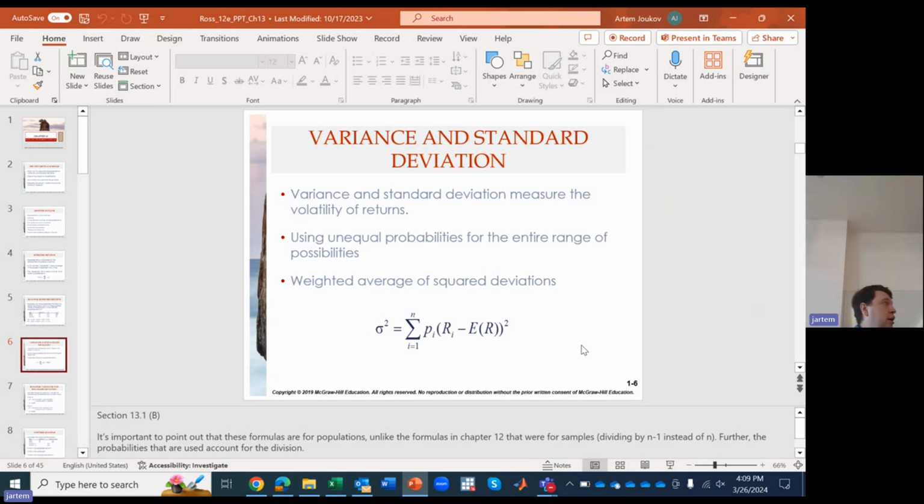We divide it by 1 over n minus 1. But you don't see 1 over n minus 1 in this problem. The reason for that is that it is replaced by pi. And pi is just the probability of that particular state, just like we just talked about with the boom, normal, and recession cycle.